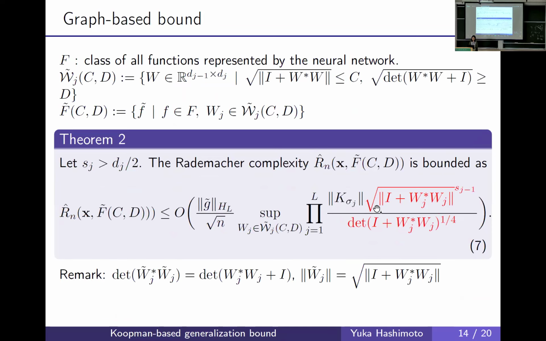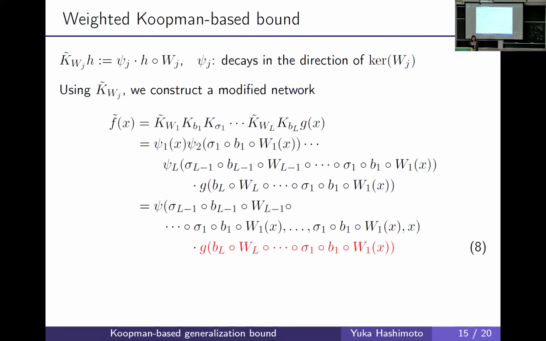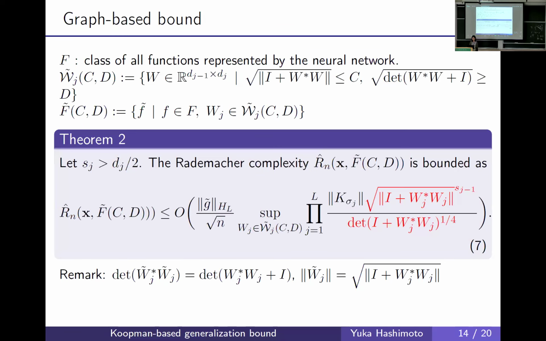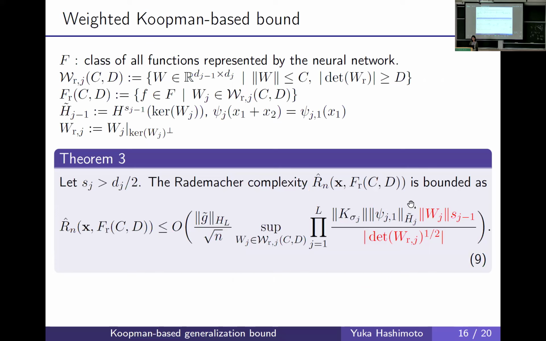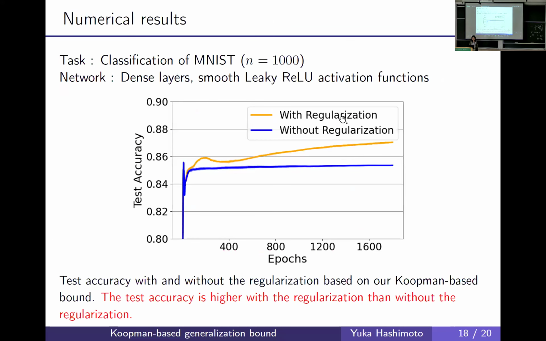For training the neural networks, we apply optimization methods like SGD or Adam. Using these optimization methods, we minimize the loss function and the red term here, which means the regularization.